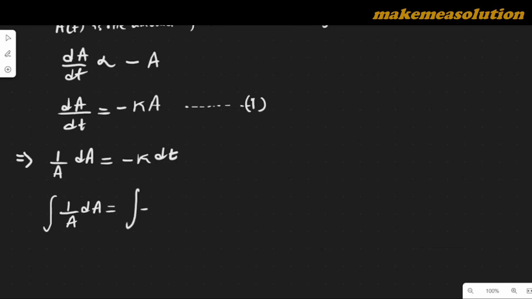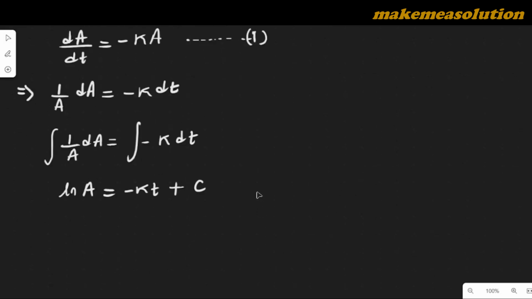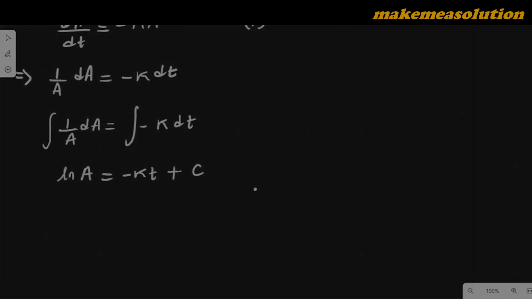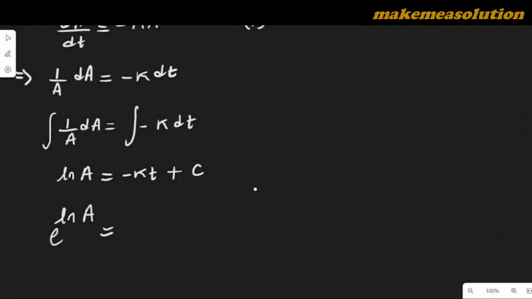On the left hand side we have A, and on the right hand side we have T. So integrating with respect to A on the left hand side, I'm going to get natural logarithm of A, and integrating with respect to T, I'm going to get negative KT, where K is a constant, then plus integration constant C. So I'm going to take the exponential of both sides, which is equal to exponential minus KT plus C.